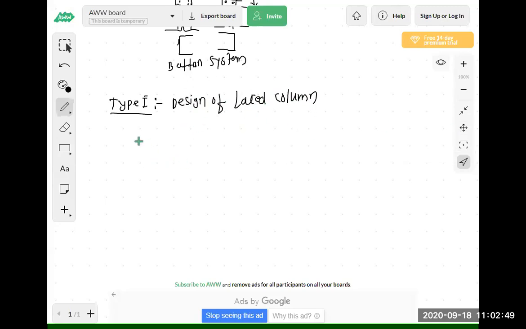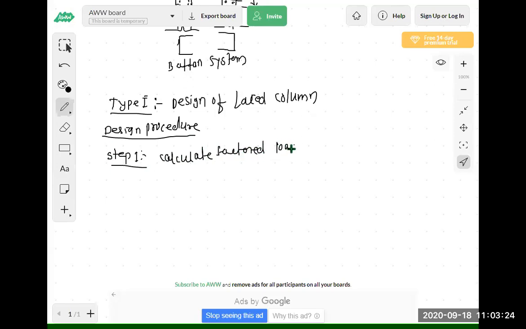Okay, so now we will see the procedure. So design procedure. The first part of the procedure up to calculation of PD is similar to our simple column. So step 1, calculate factored load.